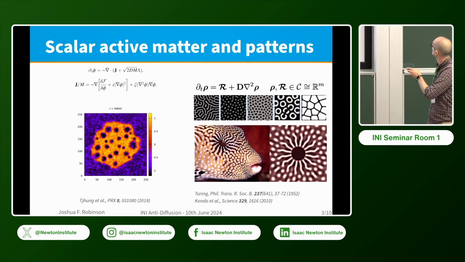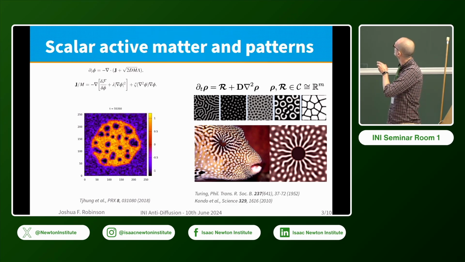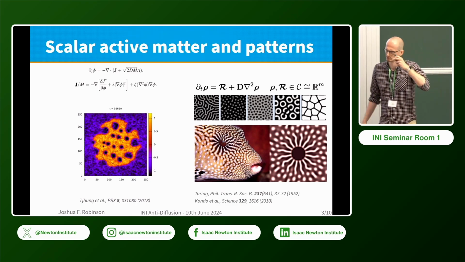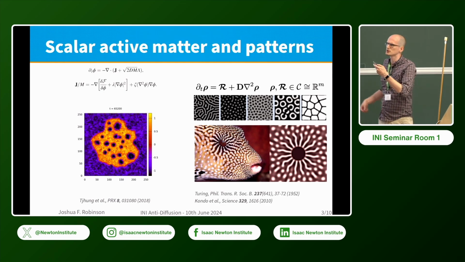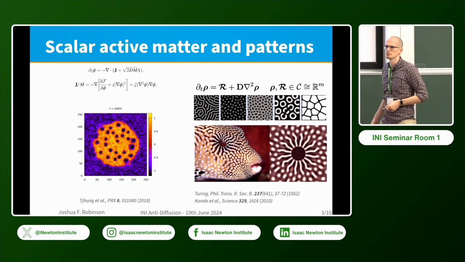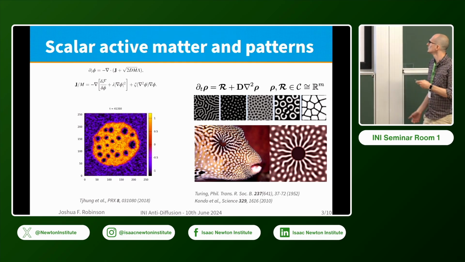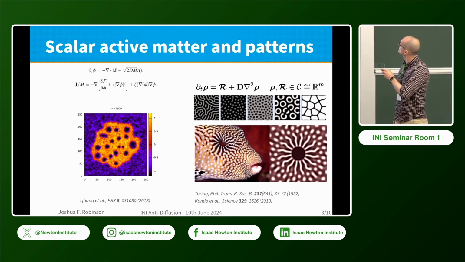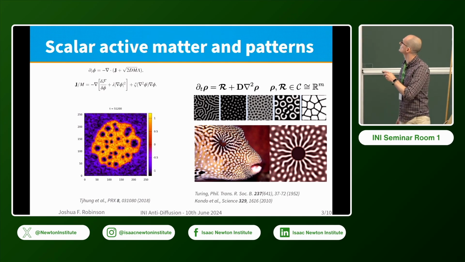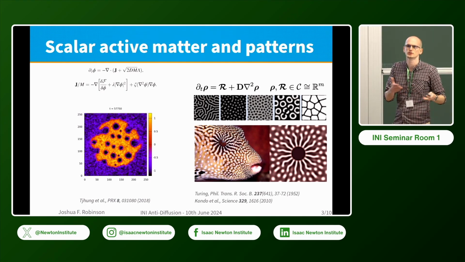On the right-hand side, we have reaction-diffusion. I have a vector rho in some multi-dimensional chemical space, where each of the components you can imagine describing, say, the concentration of a particular chemical species, maybe a protein. We have regular diffusion augmented by a term which models the reactions, the sources and sinks.